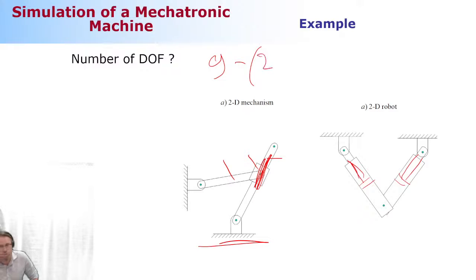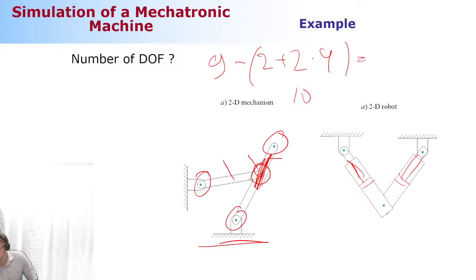That's going to be 2 constraint equations. And then the only thing left is to compute the number of revolute joints. Each of them needs 2 constraint equations. So let's compute. 1, 2, 3, 4. 4. Okay, so it's going to be 10 minus 1.